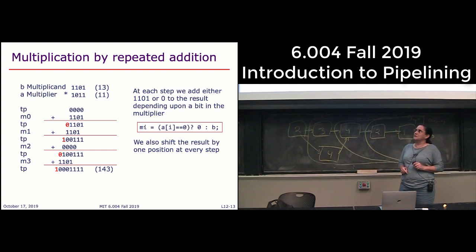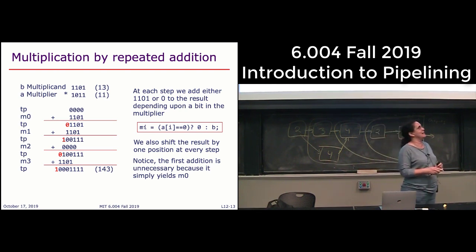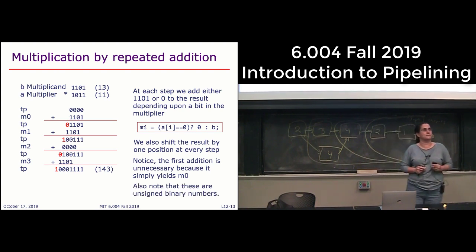The first is, in addition to the shifting by 1 position, this one's kind of a little bit trivial, but basically this first addition was unnecessary because you always start with 0, and so you're just going to end up with the value of m0, so there's no need for that extra adder. The second thing that I want to point out here is that this example is using unsigned binary numbers, okay?